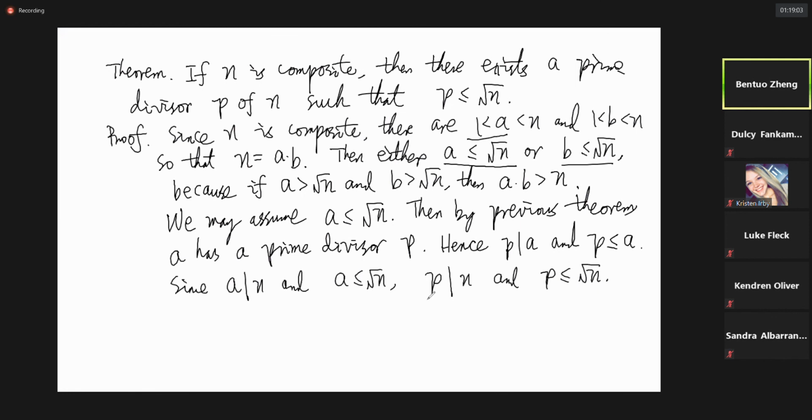Okay, so now this tells you p is a prime divisor of n, which is less than or equal to root n. And the case b less than or equal to square root of n is similar.